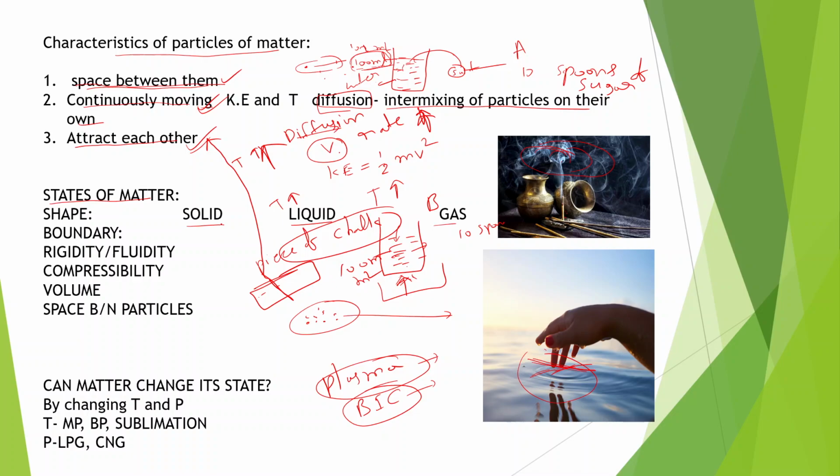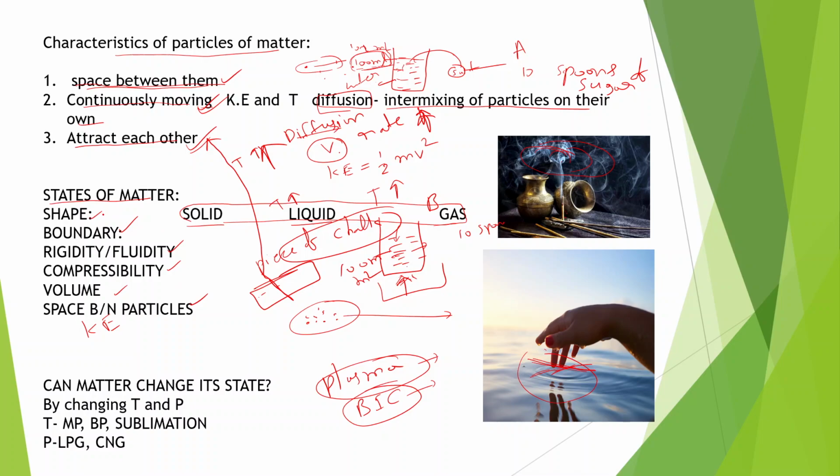Now we will restrict ourselves to 3 states of matter. These have some sub characteristics, like the boundary, rigidity or fluidity, compressibility, volume, space between particles, and kinetic energy.